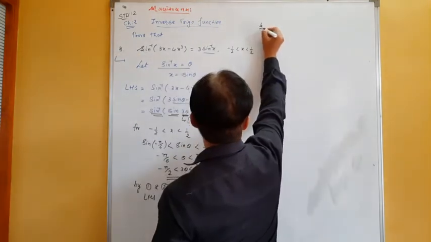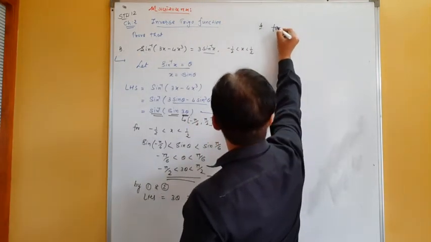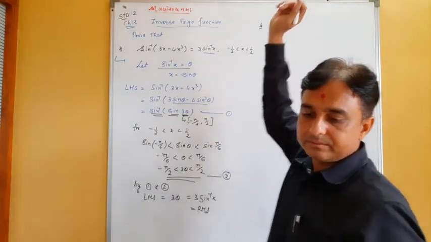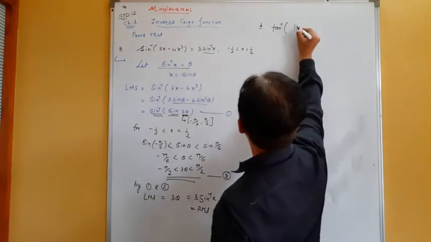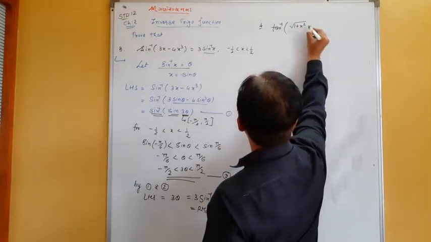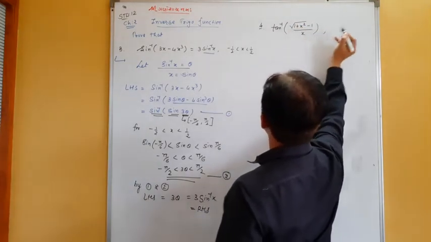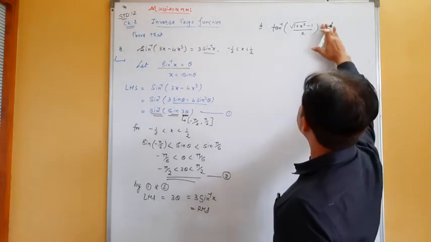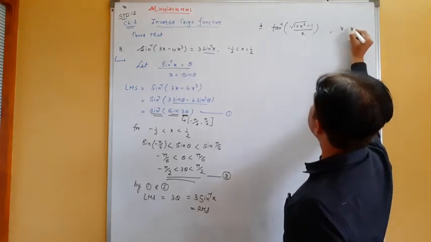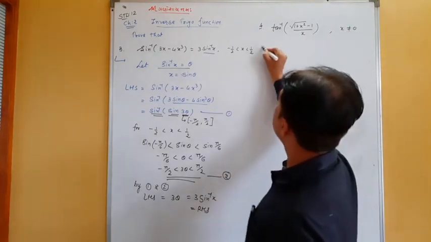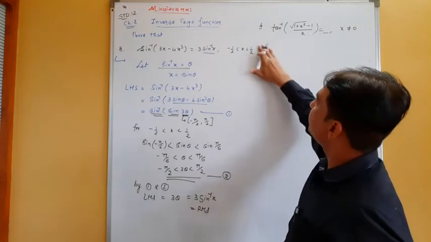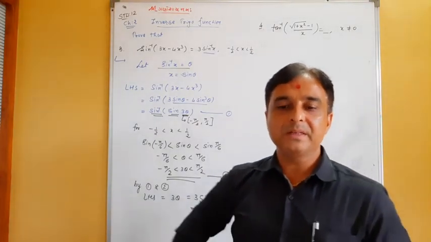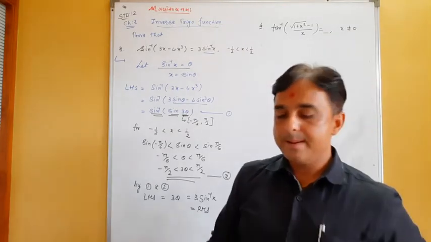So let's take the fourth: tan inverse of (√(1 + x²) - 1)/x, with x not equal to 0, simplify it. Find the value of this function, or simplify it.